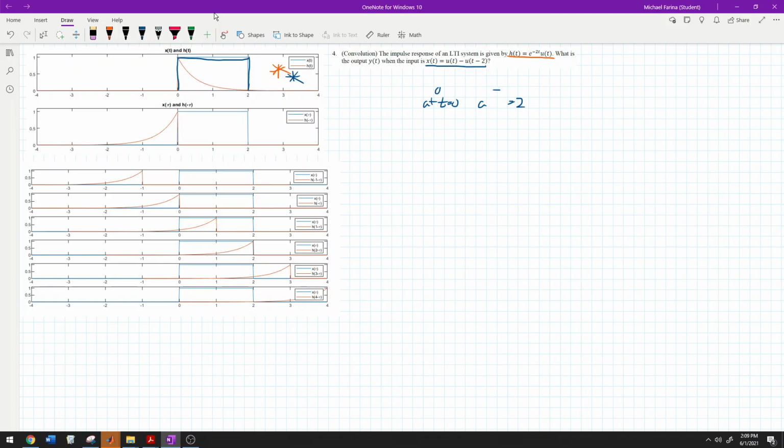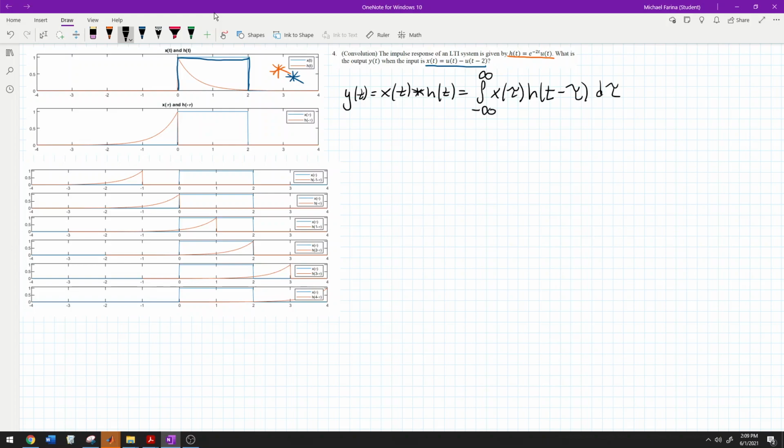All right. And the convolution integral, let's remember what that is. So y of t is equal to x of t convolved with h of t, and that is equal to the integral over all time of x of tau h of t minus tau d tau.